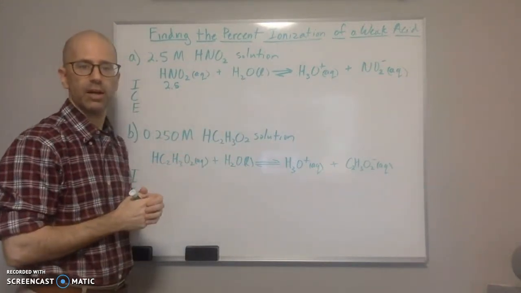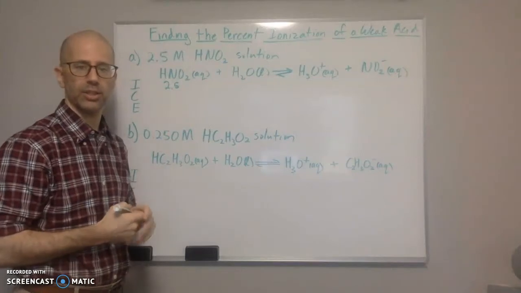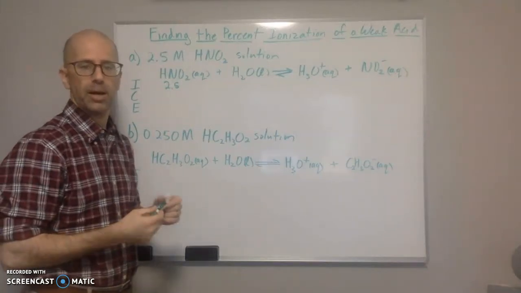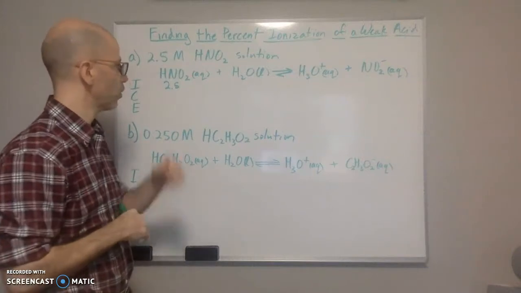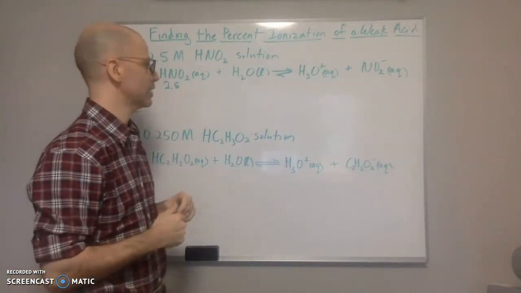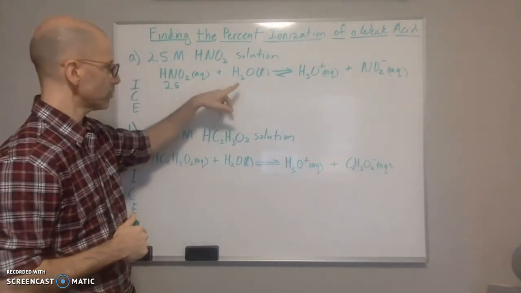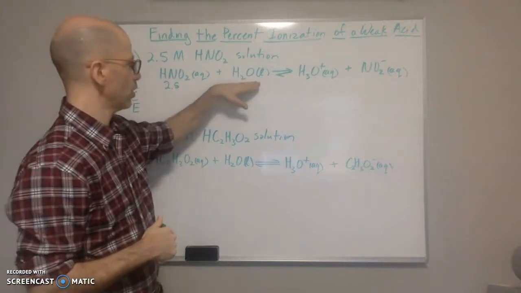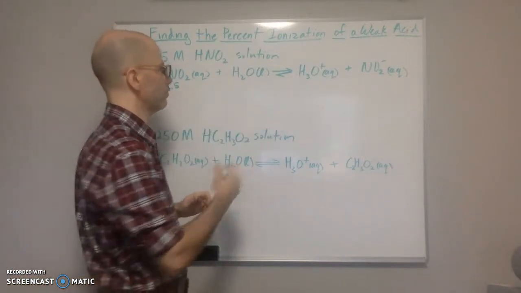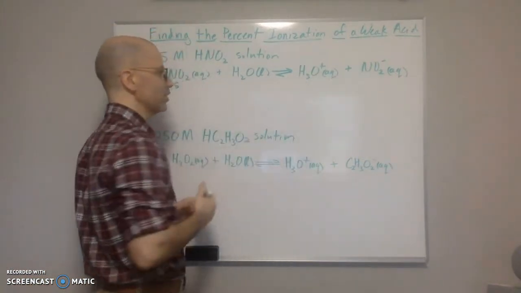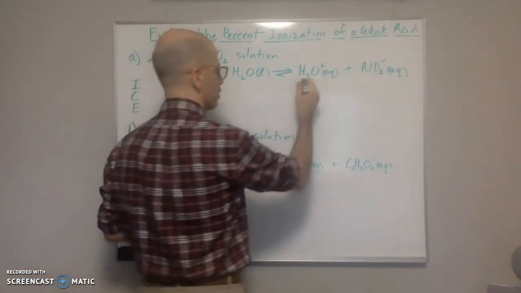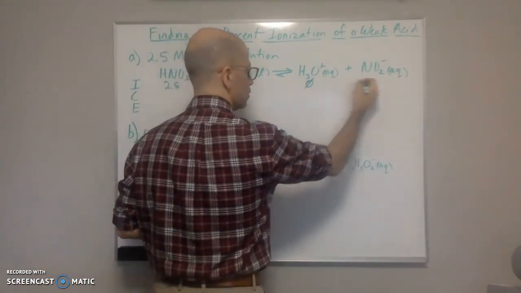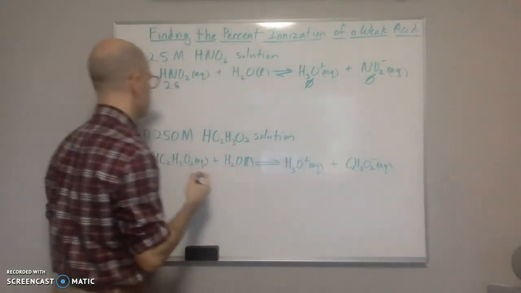It's not going to find its way into the equilibrium expression because the concentration of liquids and solids doesn't change. So we're going to ignore water, and for the products, initially it's 0, or very, very close to 0, so we're just going to put 0. So 0 here and 0 here.